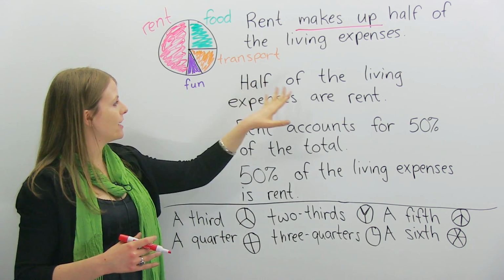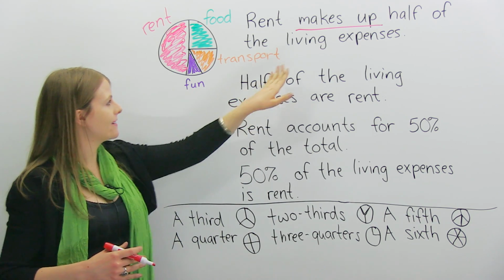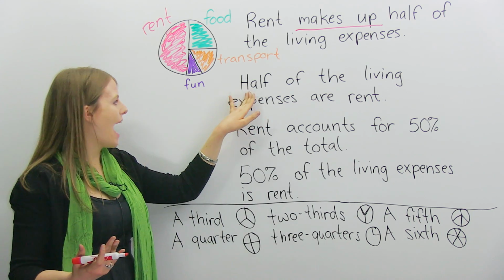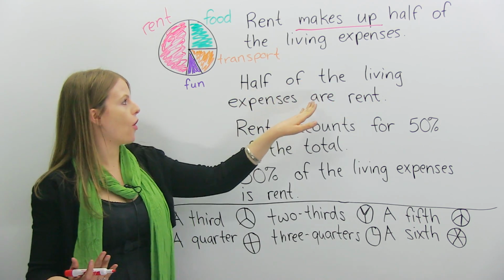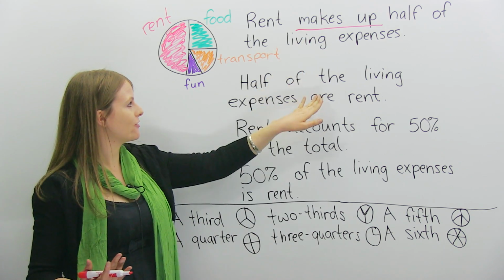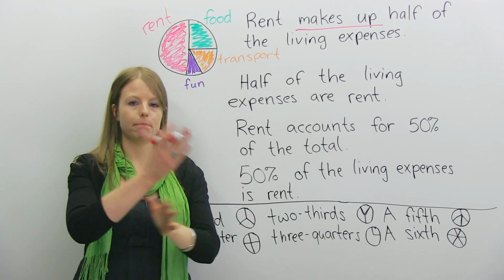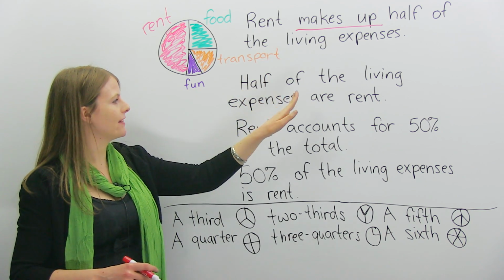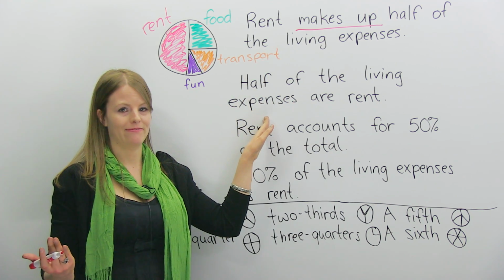We can also change the sentence around so that instead of half being in the middle, we start with the percent. Half of the living expenses are rent. This is essentially the same sentence, but reversed. Rent makes up half of the living expenses. Half of the living expenses are rent.